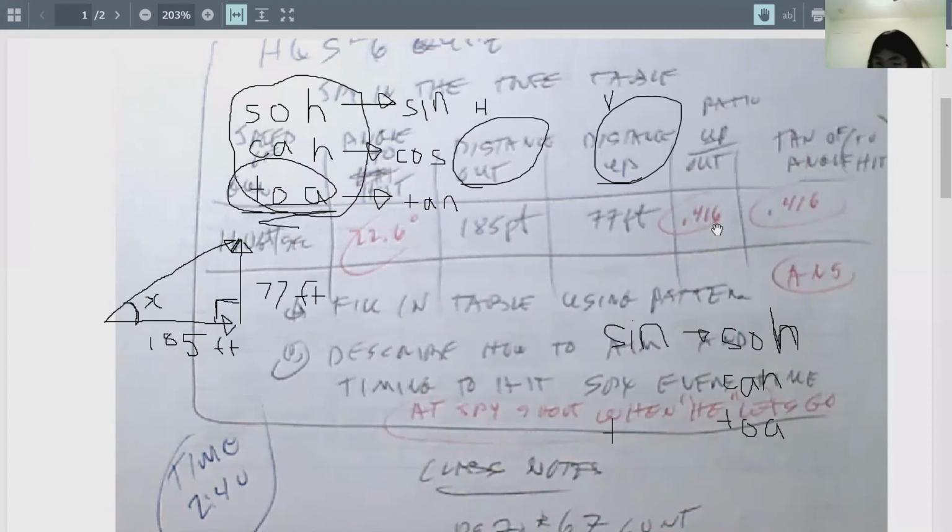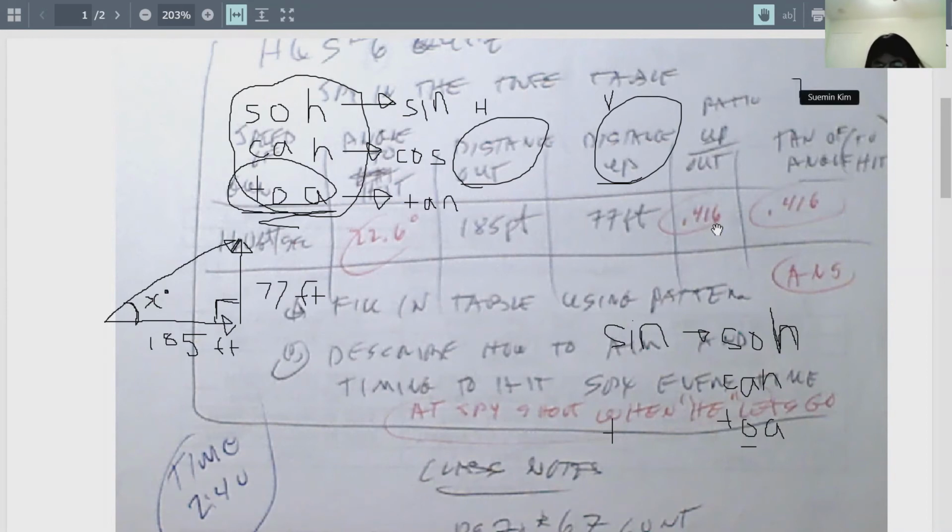So I'm going to wait. Do you have all of them written down? Since this one's asking for tangent, I'm just going to use tangent as an example. TOA stands for tangent equals opposite over adjacent. In this case, you see where we have our x angle. What do you think opposite would be? Not the right angle, but the angle x. This is asking for the opposite side in relation to the angle x.